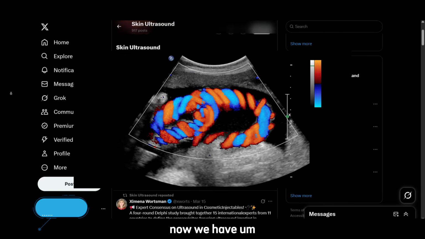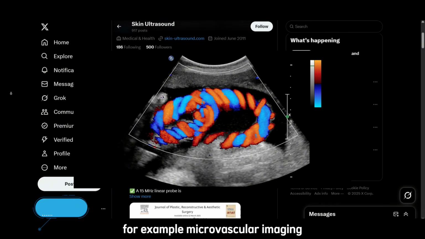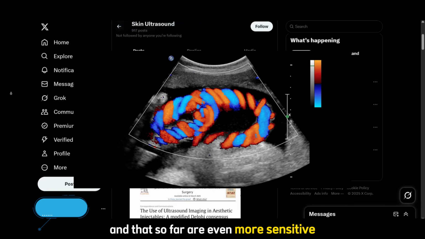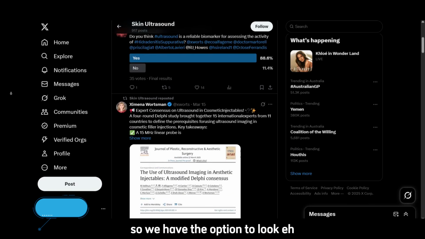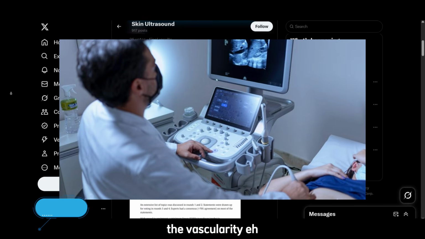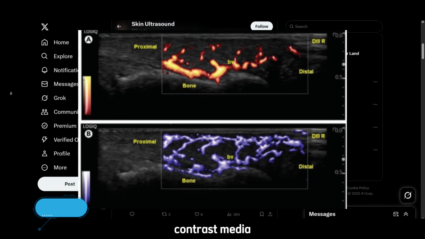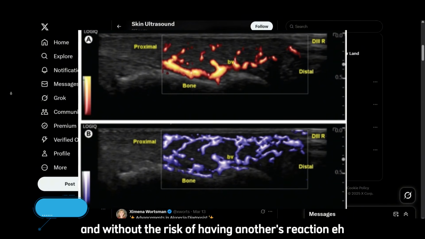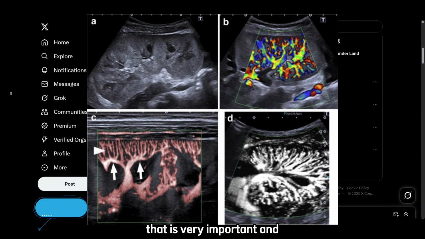Now we have more software for vascularity, such as microvascular imaging, and those are even more sensitive. So we have the option to look at the vascularity without having to inject contrast media and without the risk of having an adverse reaction. That is very important.